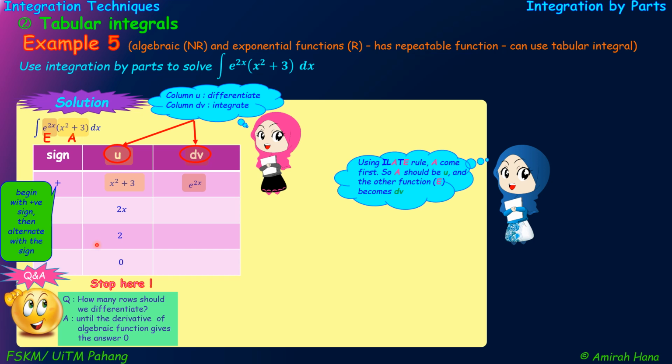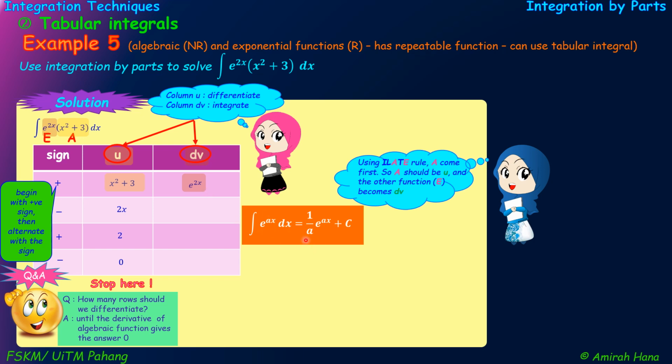After that, we continue with the column sign. We begin with positive and then we alternate the sign. So start with positive, negative, positive. And then from dv, we need to integrate. So we need to integrate e to the power of 2x. We can refer to this formula.